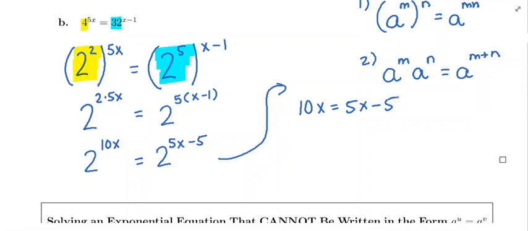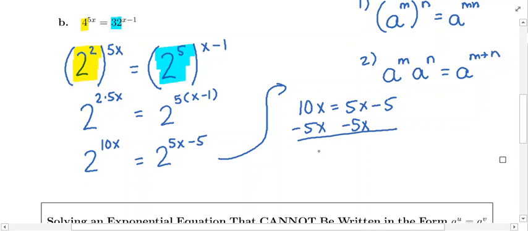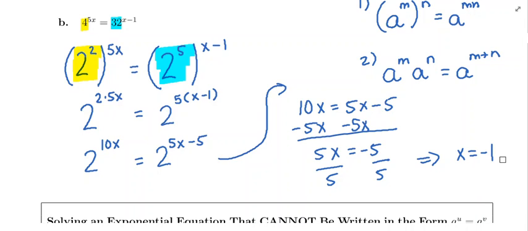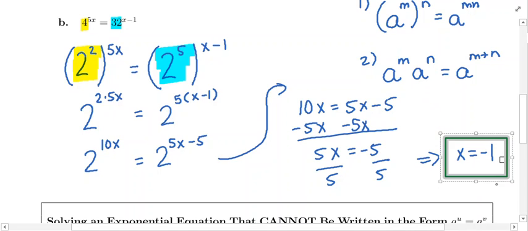We need to get x by itself on one side, so I'm going to put all the x pieces on the same side and move this 5x over. That tells me 5x is equal to -5. Divide both sides by 5. x has to be -1 here. We do not need to check ourselves unless you want to for accuracy.